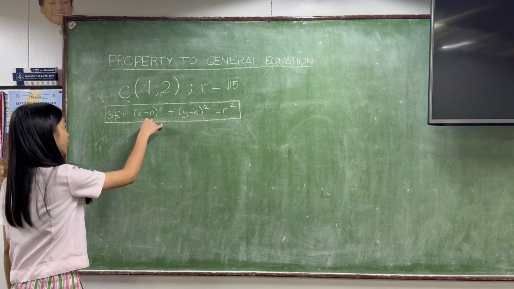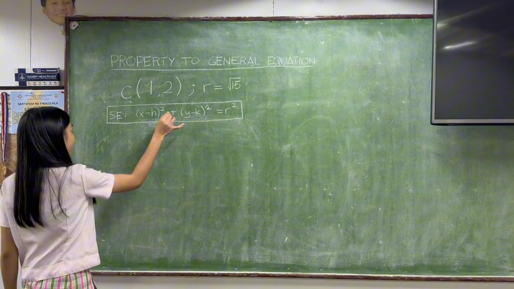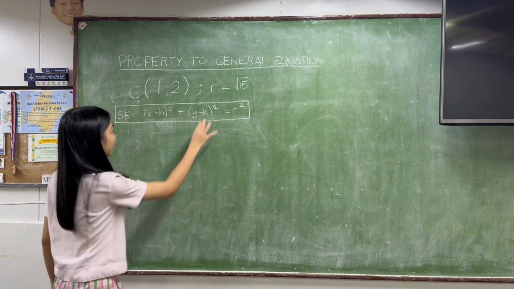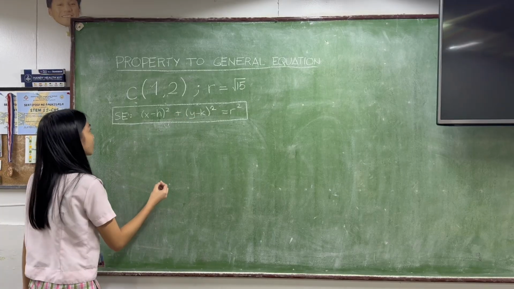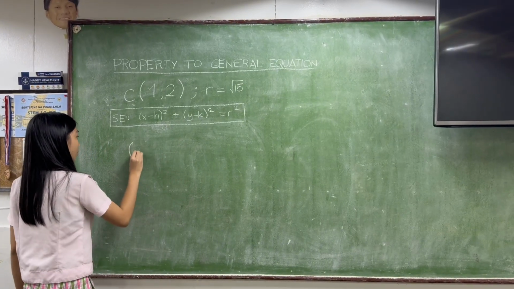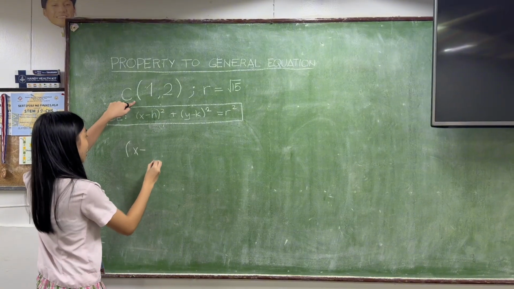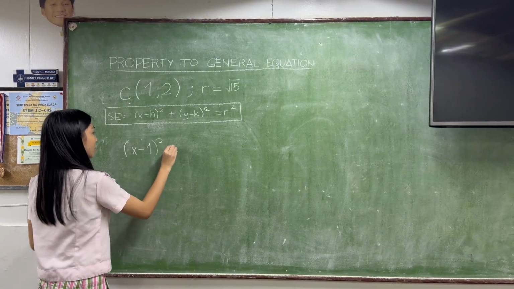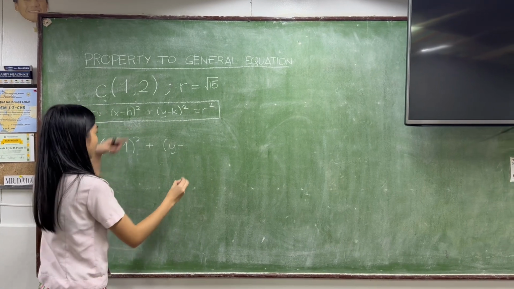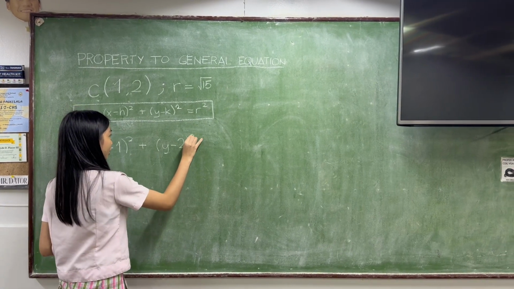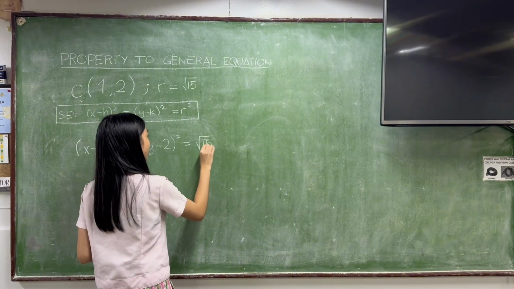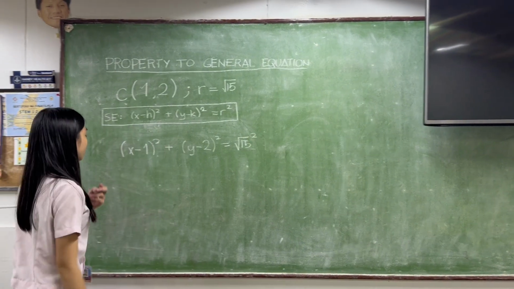So our h here will be found in the center, the coordinates of the center, and k will also be found here. So let's substitute that into the equation. So (x minus h), which is 1, squared plus (y minus k), which is 2, squared is equal to the square root of 15 squared.